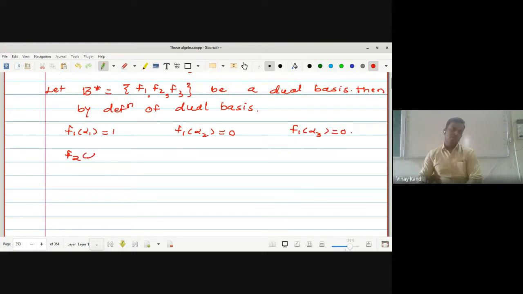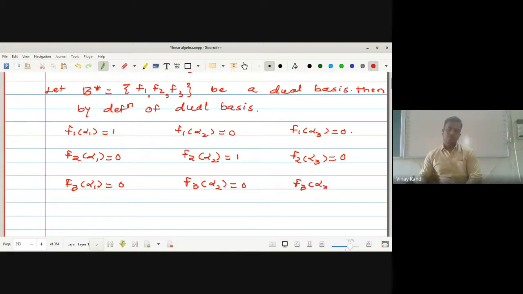Now f2 alpha 1 is equal to 0, f2 alpha 2 is 1, because when i is equal to j it is 1, when i is not equal to j then 0. f2 alpha 3 is equal to 0. f3 alpha 1 is equal to 0, f3 alpha 2 is equal to 0, and f3 alpha 3 is equal to 1.